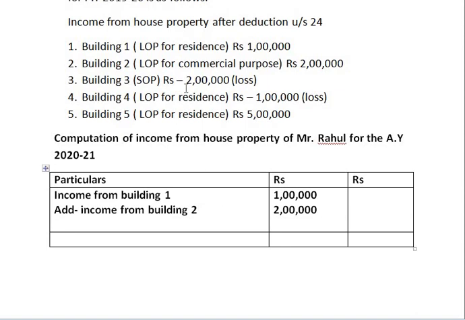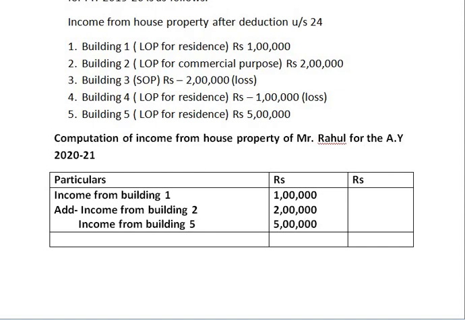Then income from building 3 shows loss, building 4 is also showing loss, therefore directly we are taking income from building 5. Income from building 5 is rupees 5 lakh.